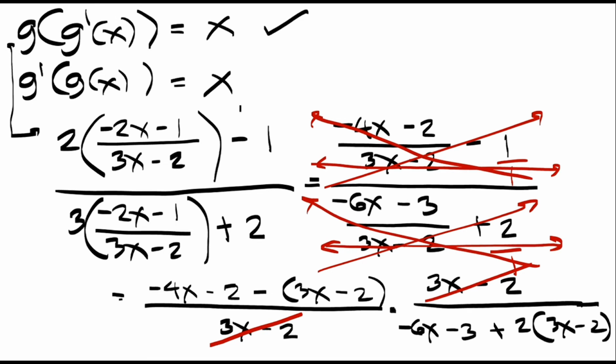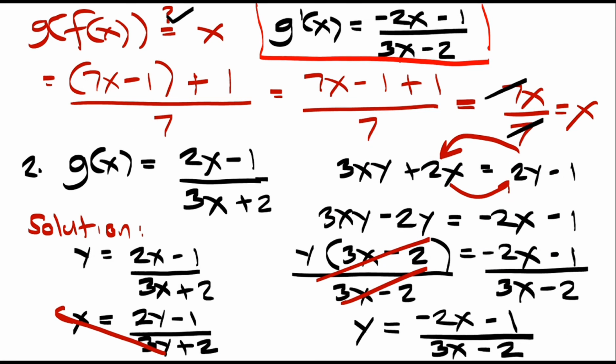So let us have the second one. Let us verify g prime of g of x. Let us see whether it is really equal to x. Again, g prime of x is negative 2x minus 1. So let me rewrite g prime of x.